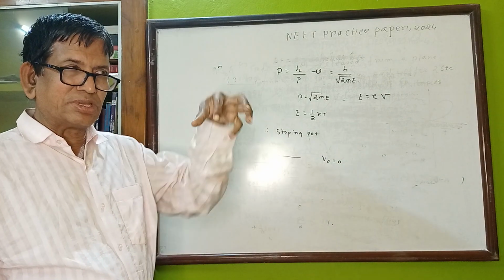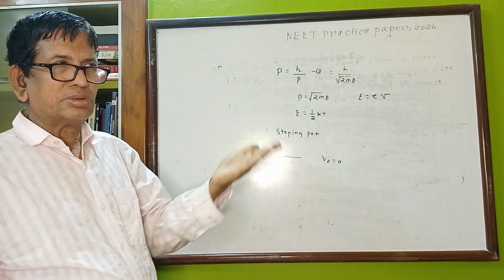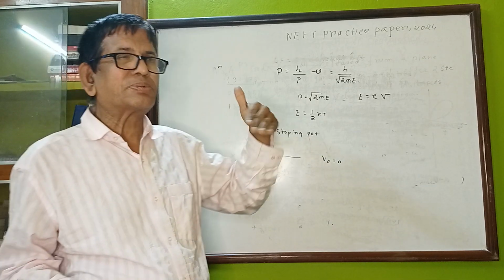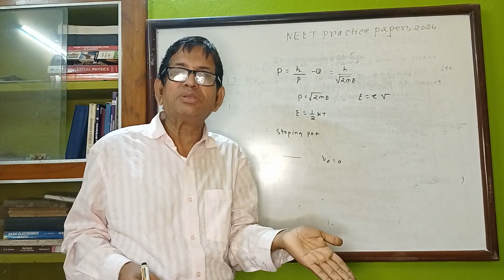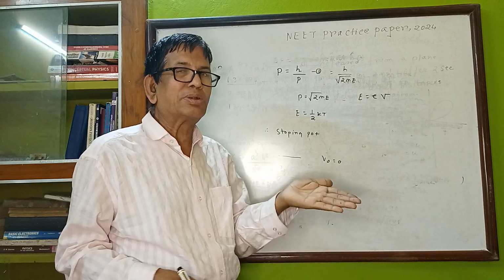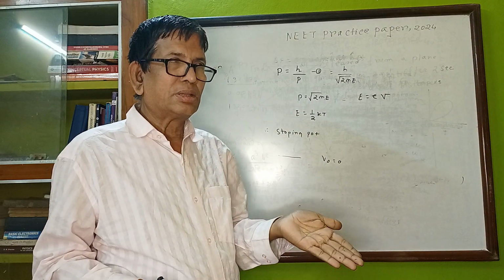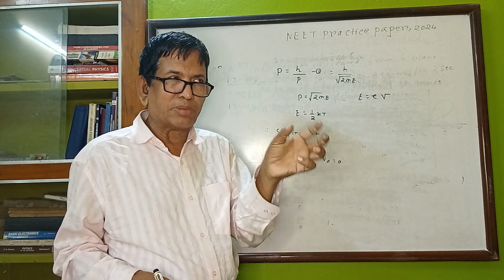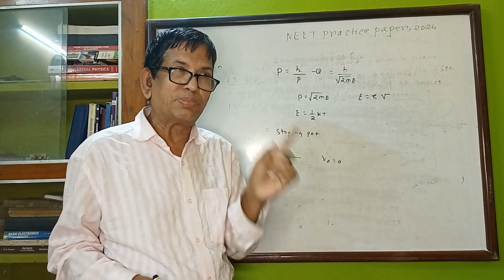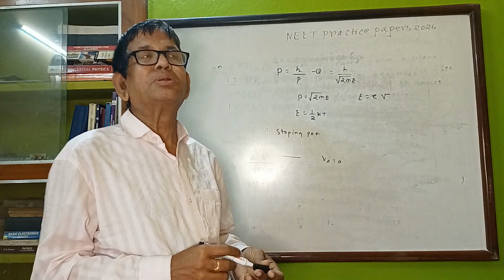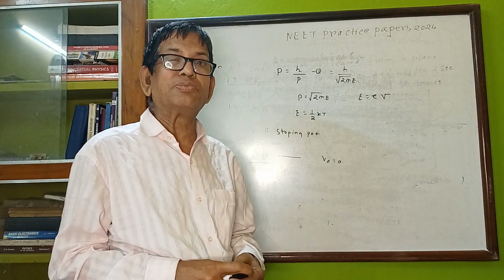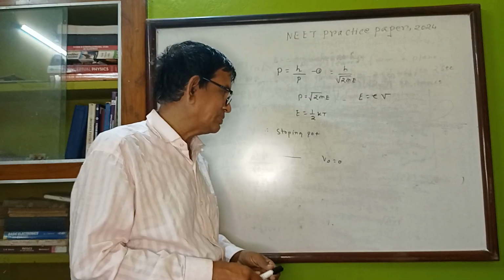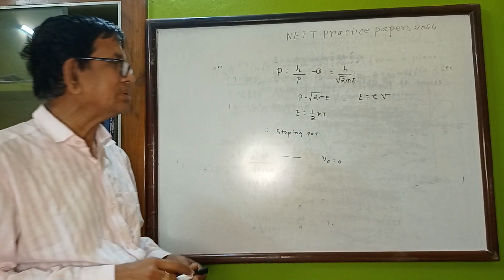When threshold frequency is incident, electrons come out without any kinetic energy. But after the threshold frequency, if you increase the incident frequency of the light, then what will happen? The kinetic energy of the electron will increase. So to stop it, you have to increase the stopping potential. But stopping potential does not depend on intensity, it depends on frequency, if the frequency is more than the threshold frequency. That is very important.